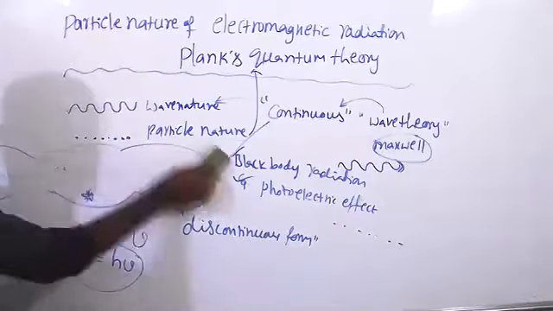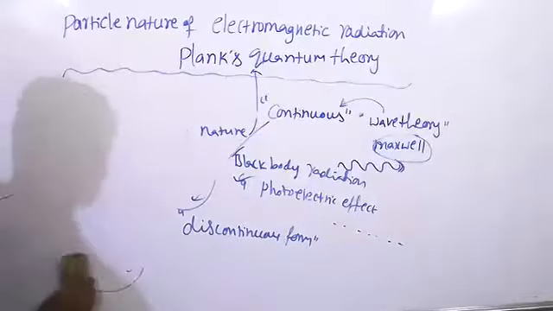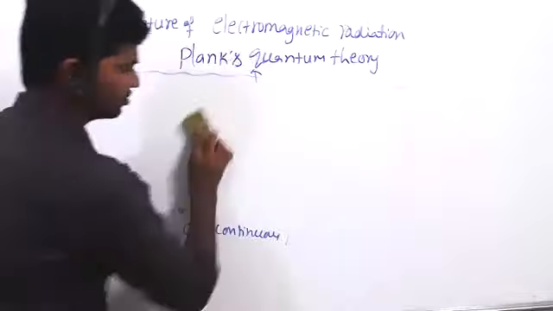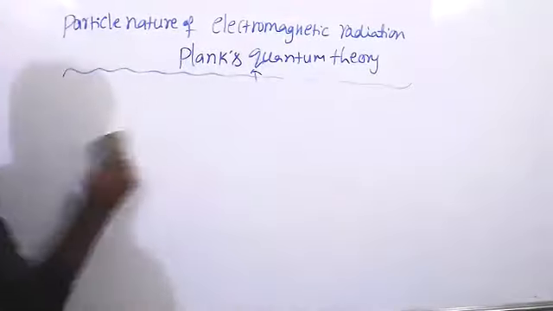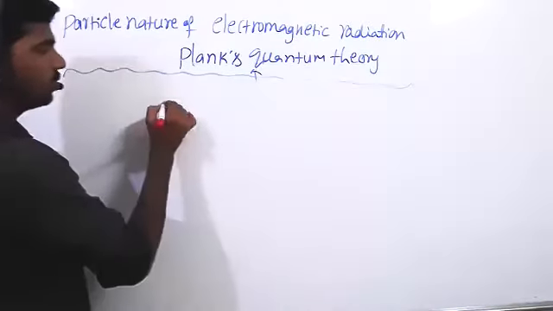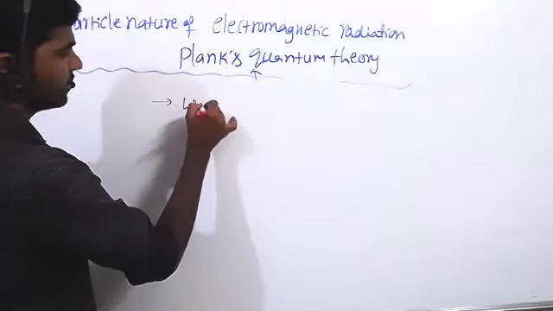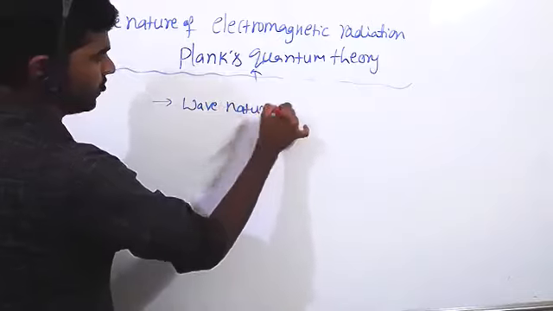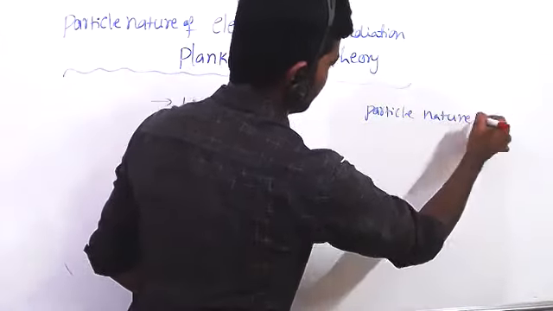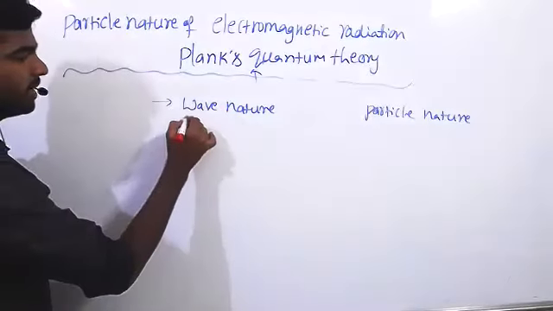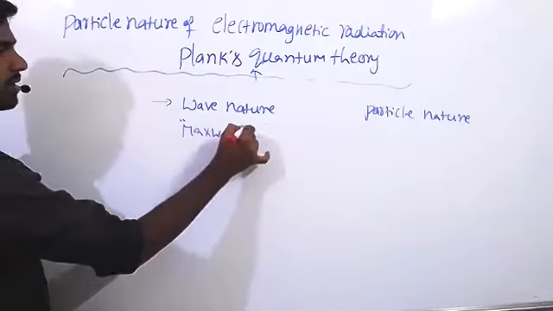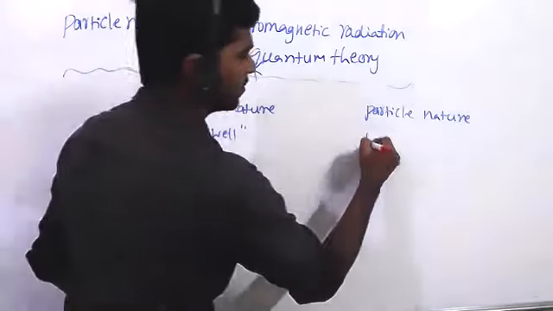See guys, once again I will explain, listen. This light or any radiation has two natures. One is wave nature, another is particle nature. The wave nature of light is given by Maxwell. Particle nature is explained by Planck.